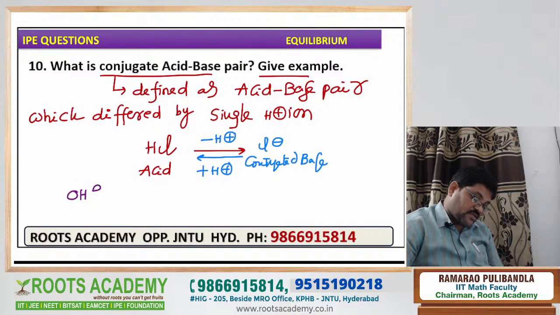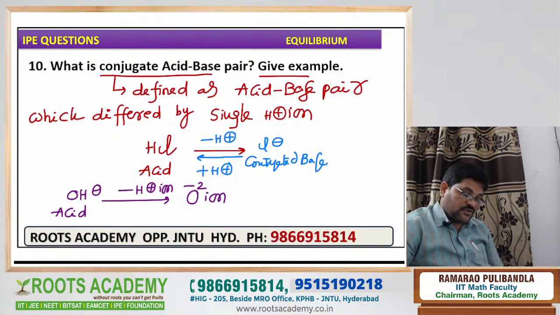So OH minus. What is acid? Loss of the H plus ion. From the OH minus, by loss of the H plus ion, what did you get? You got O minus 2 ion. Understood? So the O minus 2 ion is the conjugate base.